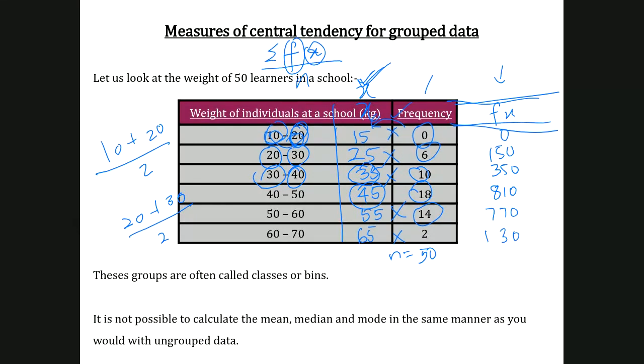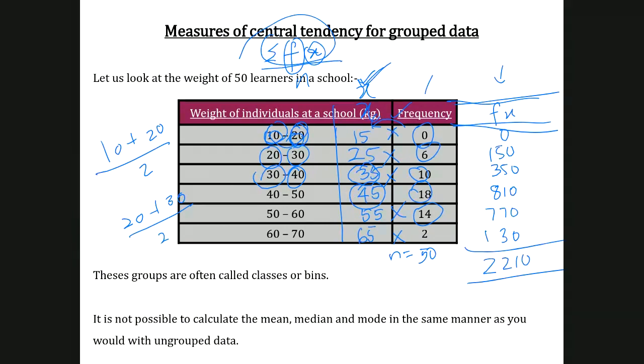Once you've done that, remember it says the sum of fx, so you sum that up: 0 plus 150 plus 350 plus 810 plus 770 plus 130. This gives you 2,210.